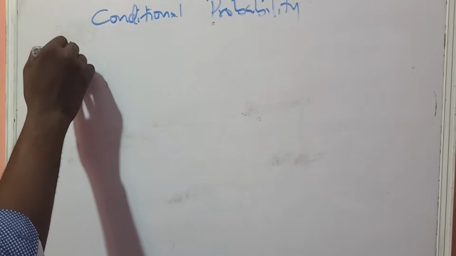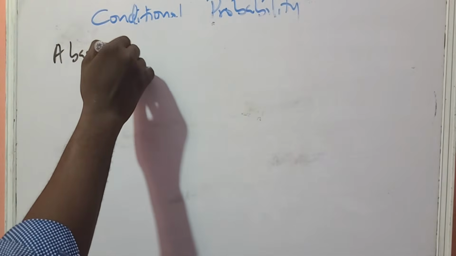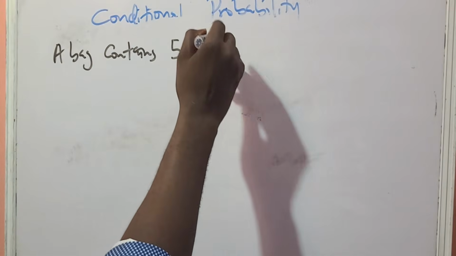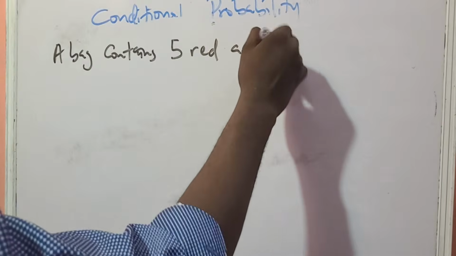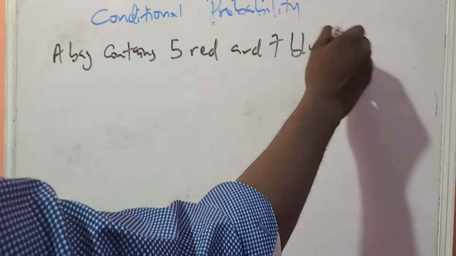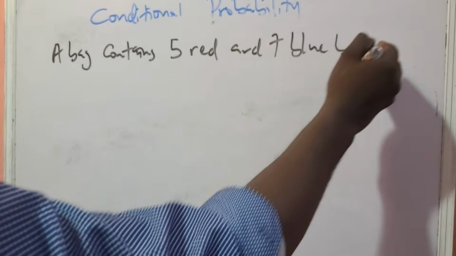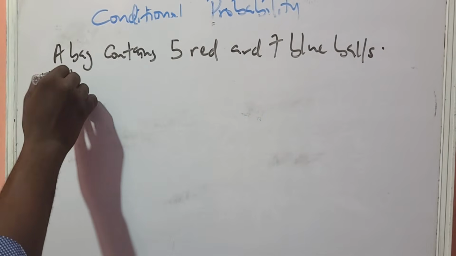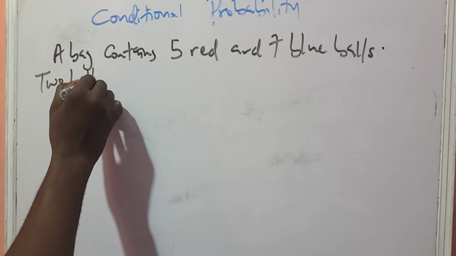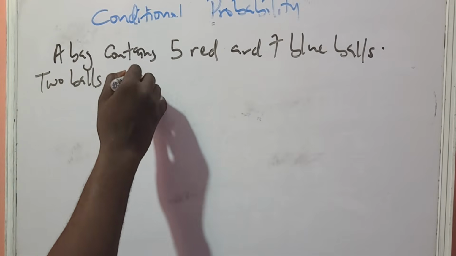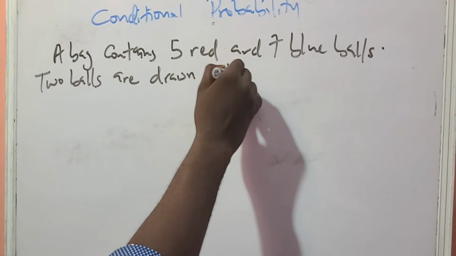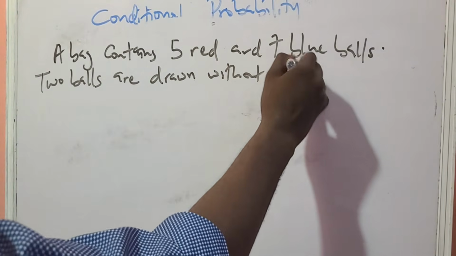A bag contains 5 red and 7 blue balls. Now, in this case, they said 2 balls are drawn without replacement.